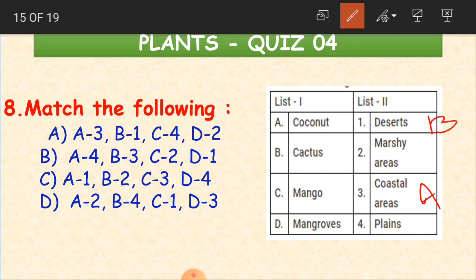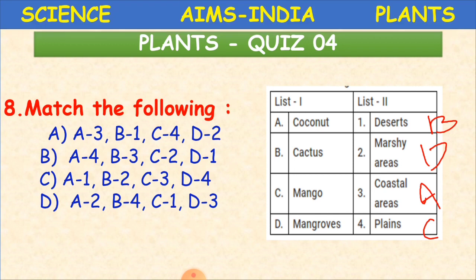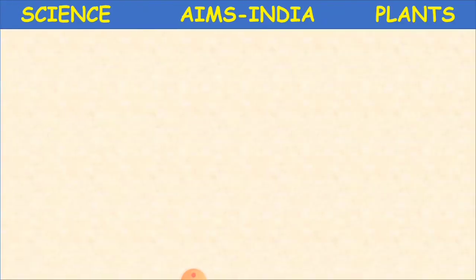Then mango, plains. Then mangroves, children, marshy areas. So these are the right answers. Now A is 3, B is 1, then C is 4 and D is 2. So our right option is A. Clear, children? Yes. The next question now. Are you able to follow?